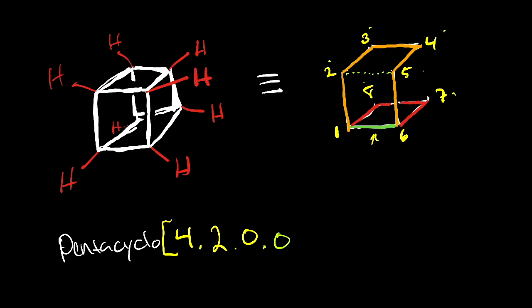To be clear, that 0 corresponds to the 2 and the 5 position, right? Then there is a connection between 3 and 8 that I also deleted, so no bridgehead there either. And then I deleted this one over here between the 4 and the 7.